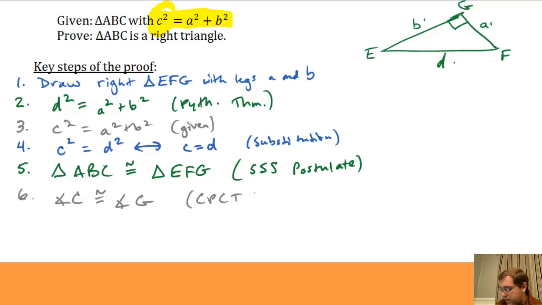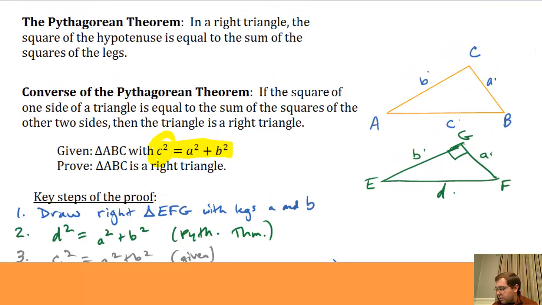CPCTC: corresponding parts of congruent triangles are congruent. That means then that angle C is a right angle, because angle G was a right angle the way that I drew it. I drew it to be a right triangle. So if G was a right angle and C is congruent to it, C also must be a right angle.